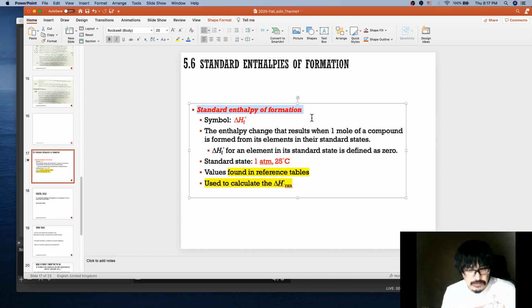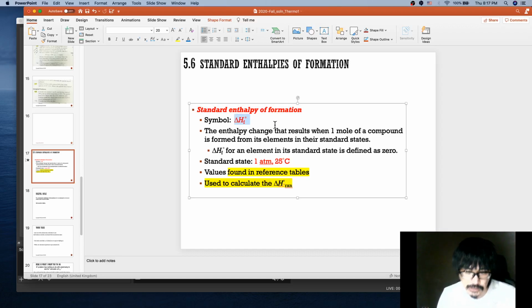That energy is the standard enthalpy of formation. How much energy do I need to start literally from scratch, from the most stable elements, mix them up and make one mole of that molecule? That's the standard enthalpy of formation.